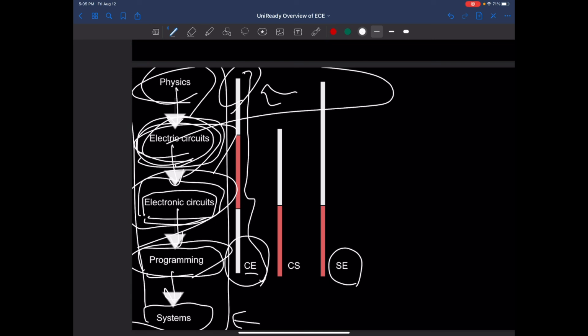Usually they take one class in it and they focus their time on programming and logic gates. And even computer science and software engineering students don't really deal too much with systems because that's more of a thing you learn on the job. And you don't really need school to teach you these things, right? Because they're not very theory heavy. It's more just understanding the different tools that exist that can help you build different applications.